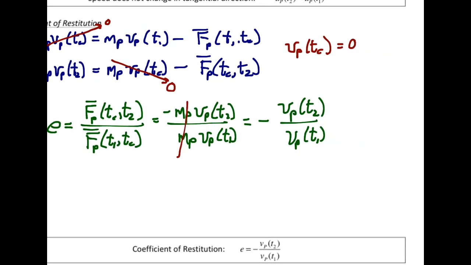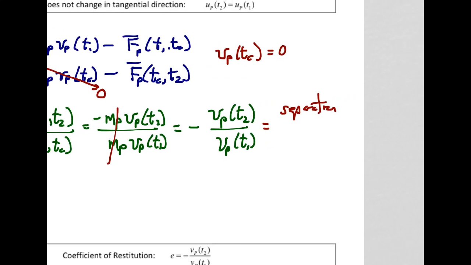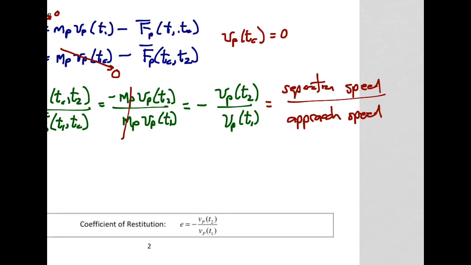And so this is simply, once again, equivalent to the separation speed divided by the approach speed, considering the signs, the directions of those.